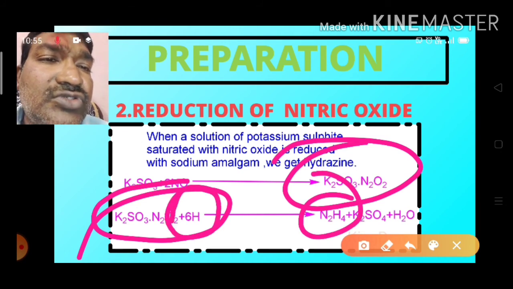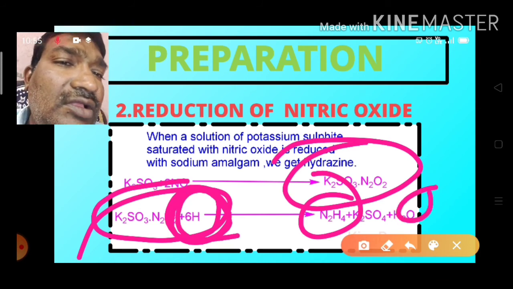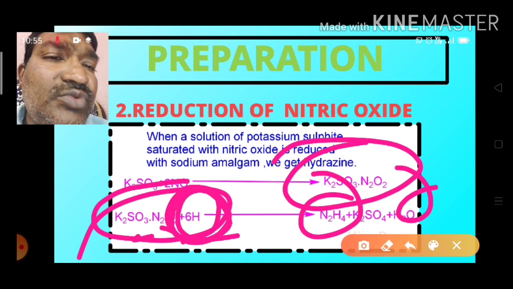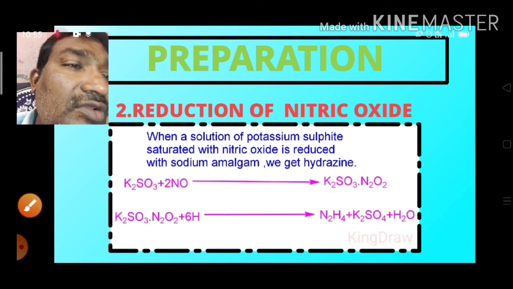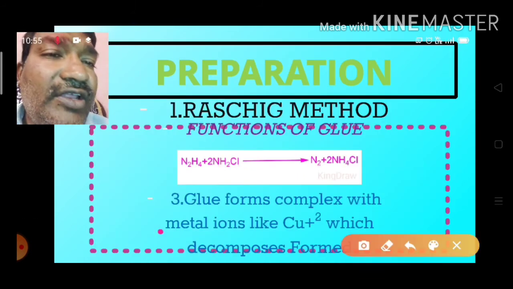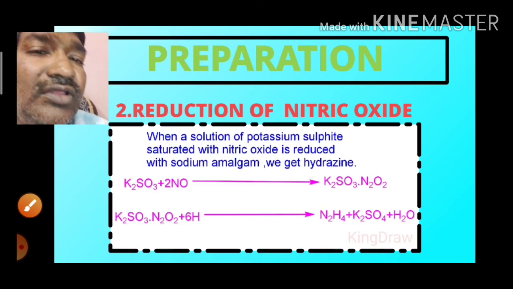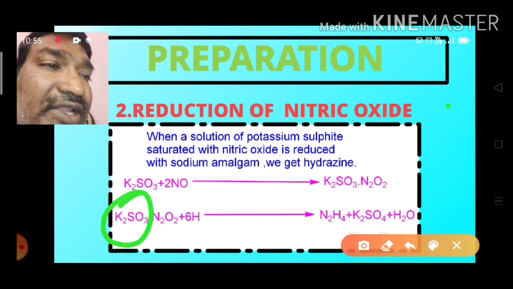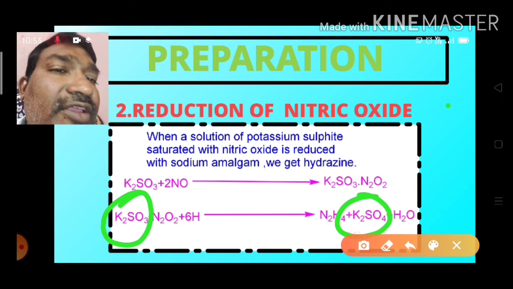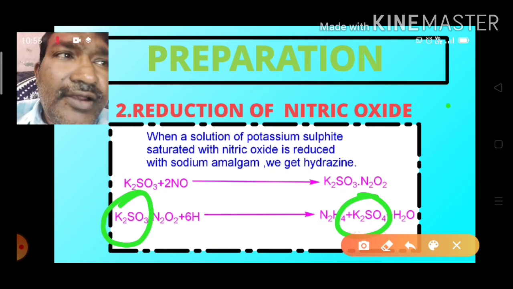Water molecules go out, oxygen atoms go outside in the form of water, and one oxygen is attached to this one. Potassium sulfite converts into potassium sulfate. So this reaction is also very easy to write and remember.